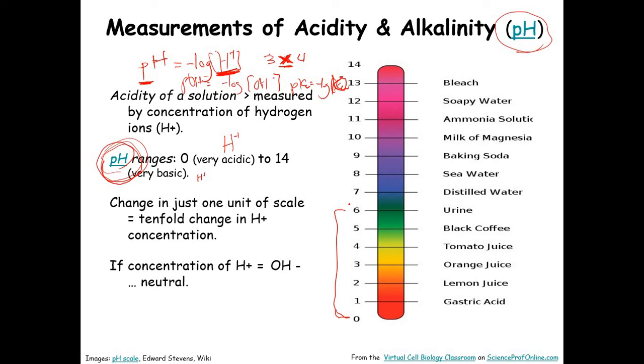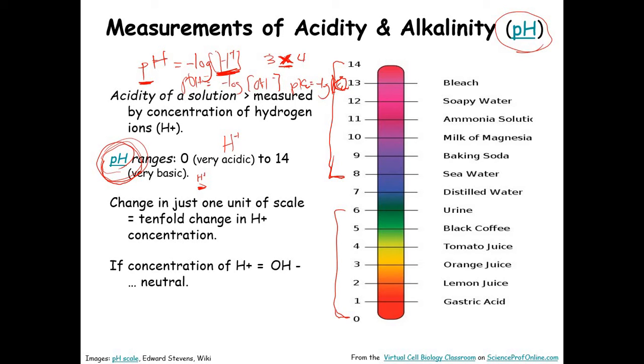Compare that to basic, where H+ is small but the pH is high. It's because of this negative log function. Okay, so you should not forget that. Usually this is the common honest mistake of students.